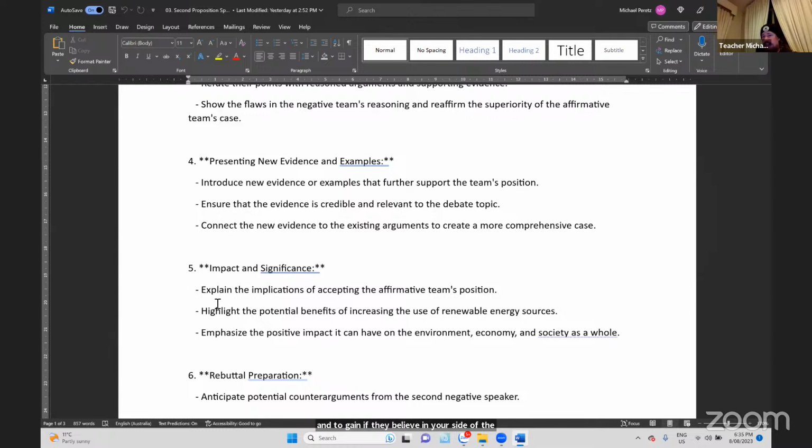So what are the good things that you're arguing for? You also want to highlight the potential benefits of what they can get out of listening, what they can get out of agreeing with you and going along with what you're suggesting. And again, you want to emphasize the positive impact that your side of the debate can have.